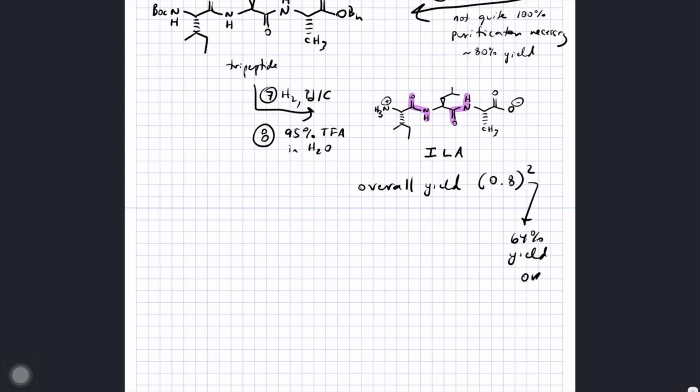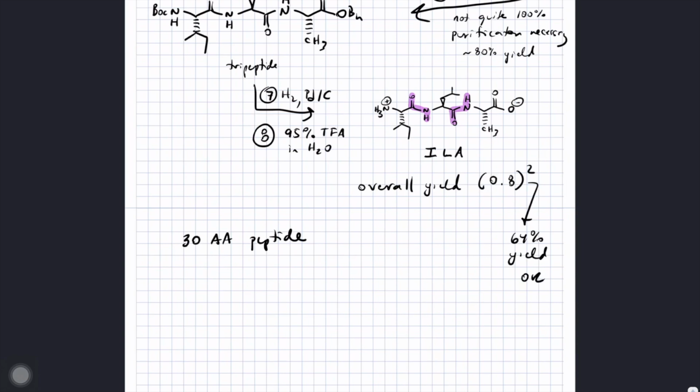That might be okay. But imagine you wanted to do this not only to make a tripeptide, but what if you wanted to make a 30 amino acid peptide? Let's consider what kind of yield you could expect, assuming that the purification is easy and that all the coupling steps are equally efficient, which they are not. But let's pretend for now that that's the case.